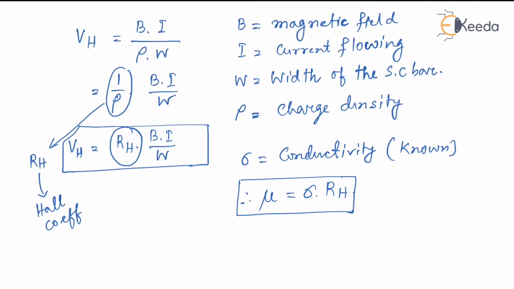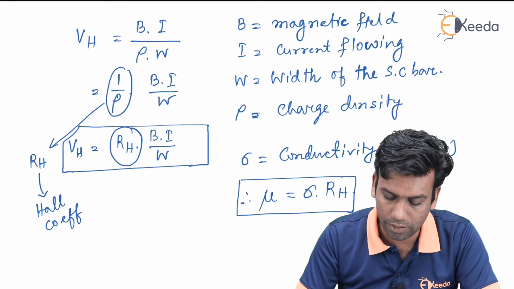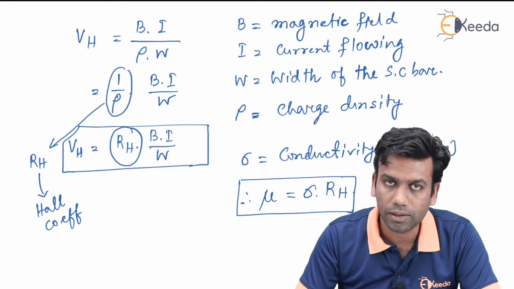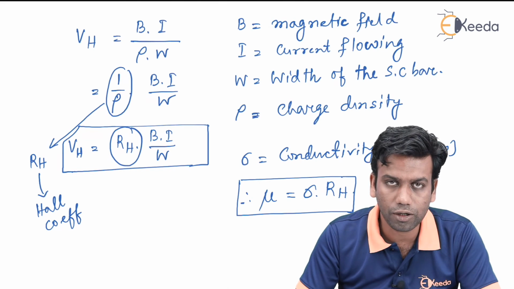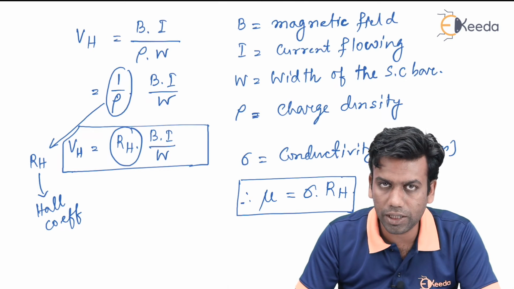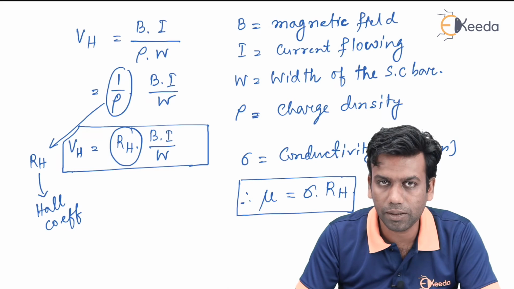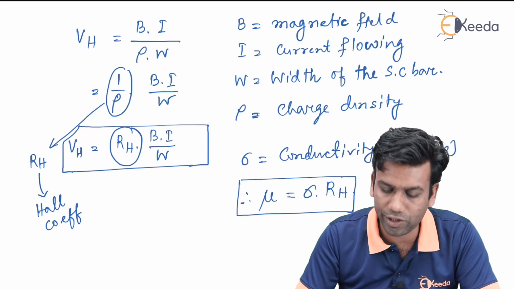Now, so far we have assumed that the charged particles are moving in a particular direction, but generally the charge carriers inside a semiconductor cannot move in a particular direction; rather they move in a Brownian random fashion.